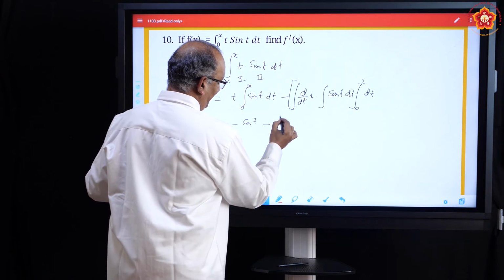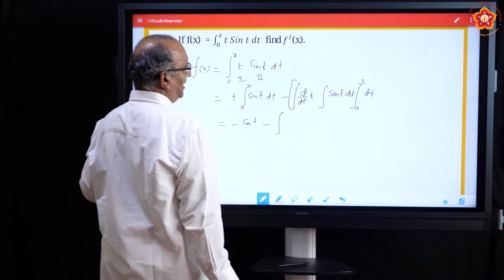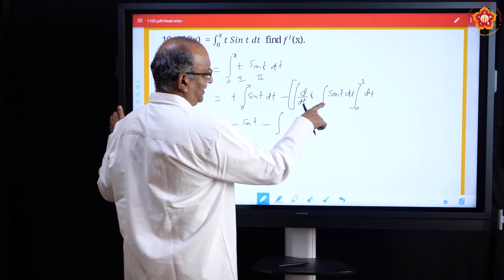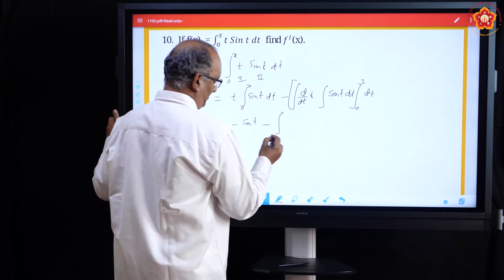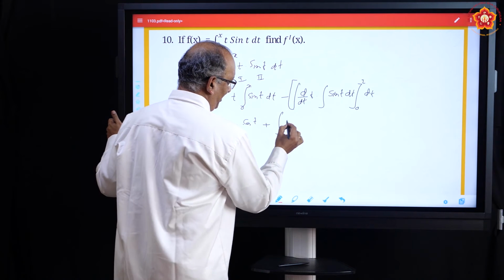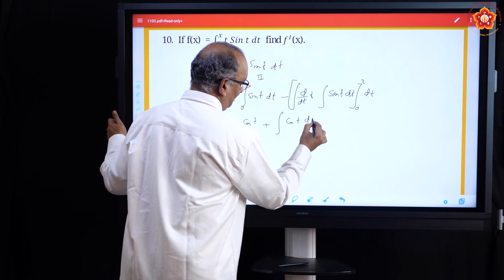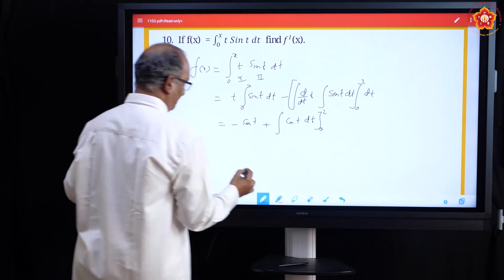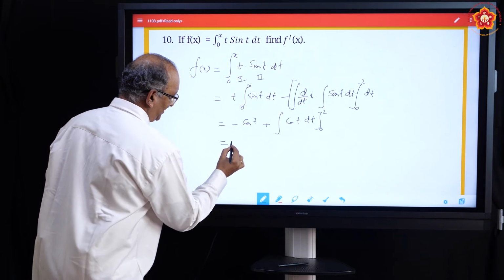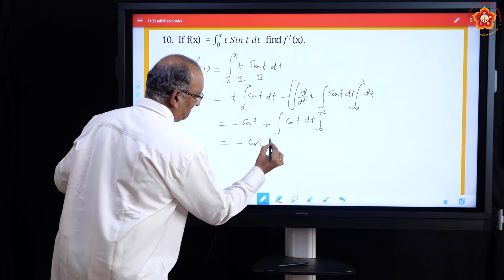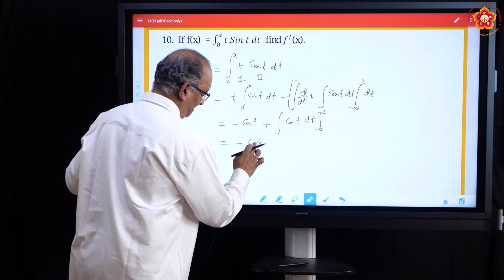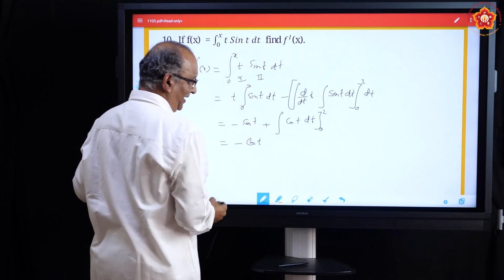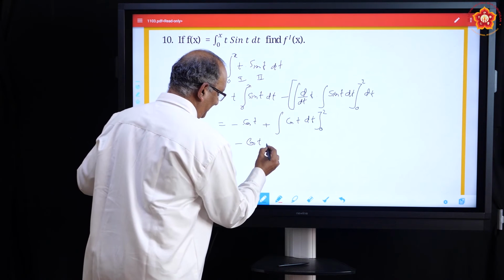Minus integral of d by dt of t, which is 1, and integral of sin t is minus cos t. So minus into minus, it will become plus integral of cos t dt. So this becomes minus t cos t, and integral of cos t is sin t.